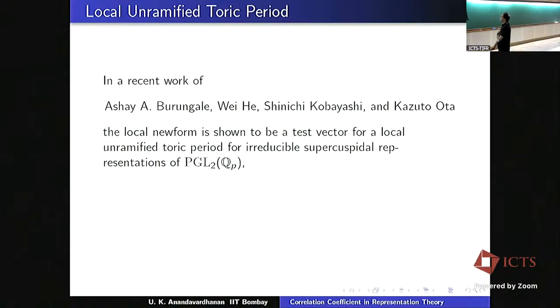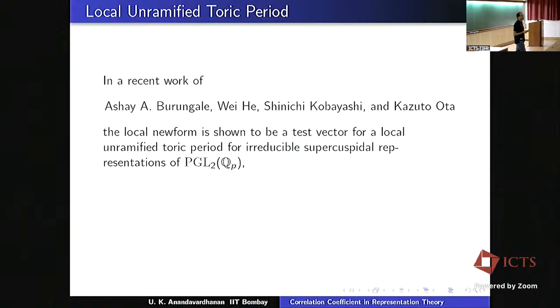And what they wanted was that the local new form, the new vector, is a test vector for, so you are taking Q_P and the unramified quadratic extension. And with respect to that anisotropic torus, that non-split torus, the unramified torus, you take the toric period, and they had to show that the new form is a test vector. I mean, the toric period evaluated on the new form is non-zero.